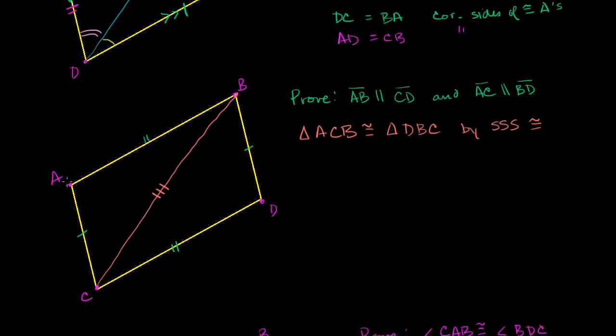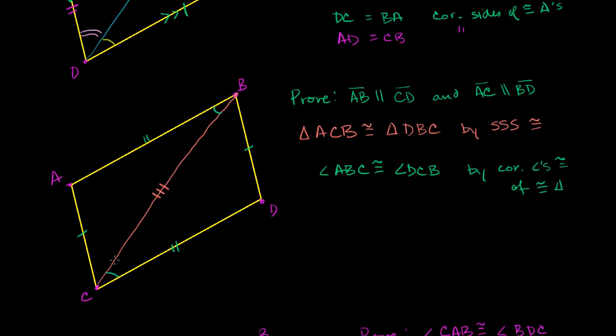So, for example, angle ABC is going to be congruent to angle DCB, by corresponding angles of congruent triangles. I'm just using some shorthand here to save some time. So these two angles are going to be congruent.